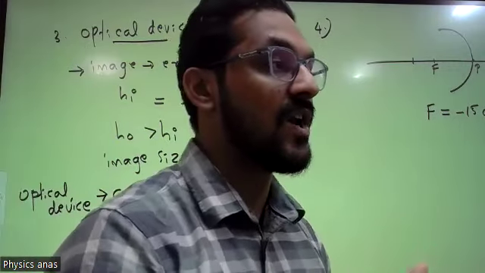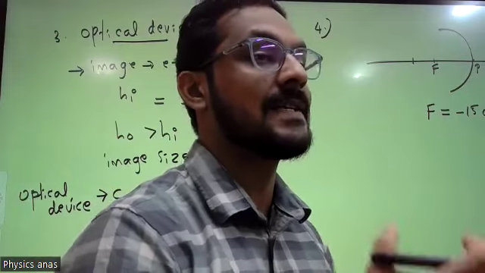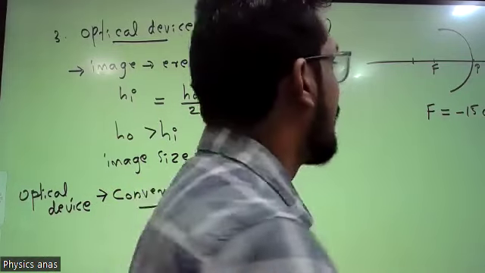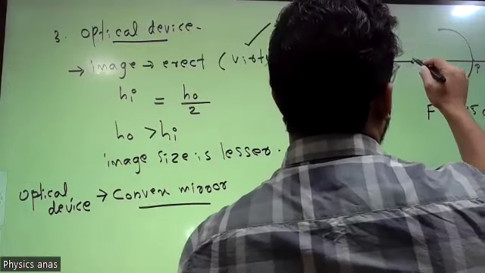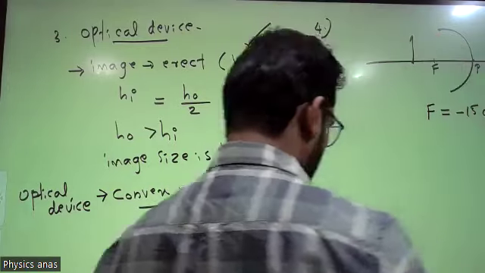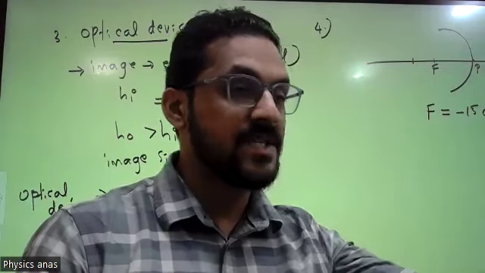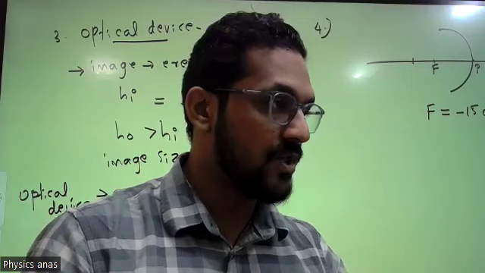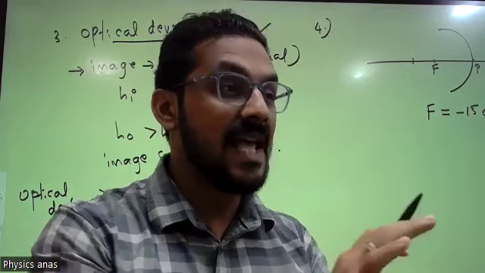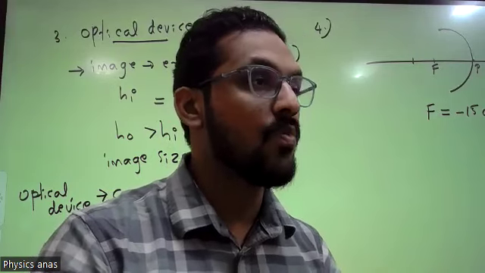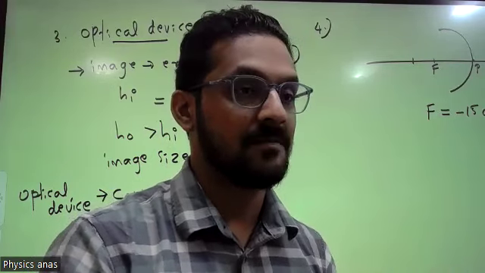When are we getting the same size of object for the image? You can put the object anywhere in front of the mirror, and you are getting the same size of image. Now, where are you putting your object?